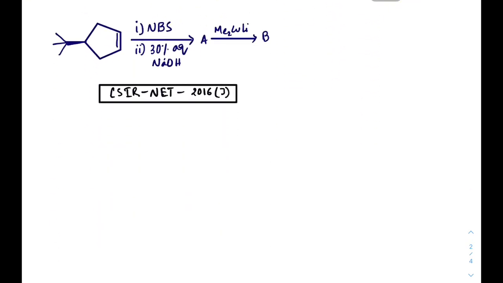Now come to our next question. This is a very important question. In the presence of NBS, where this is the aqueous medium, so this is also a polar medium, so as previously it will also form a bromonium ion type intermediate but below the plane, because above the plane is hindered by this tert-butyl group, which will prevent forming a cyclic ion above the plane.